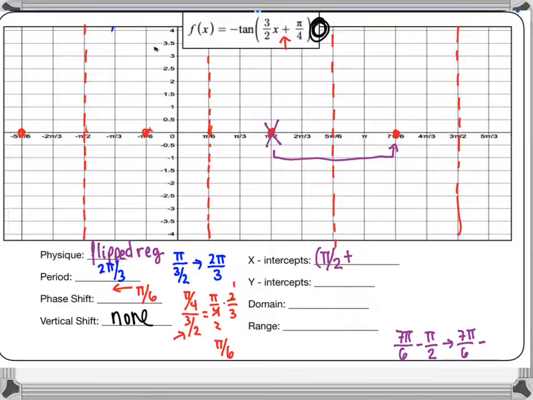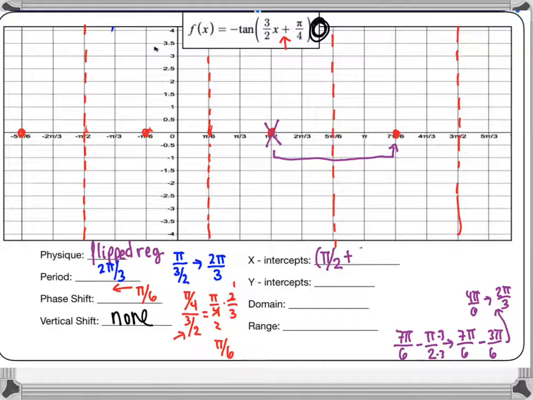minus, and that would be what? Top and the bottom, multiply 3, and so that is going to give me 3 pi over 6, and so that's going to give me, let's see, 4 pi over 6, which is going to give me 2 pi over 3.